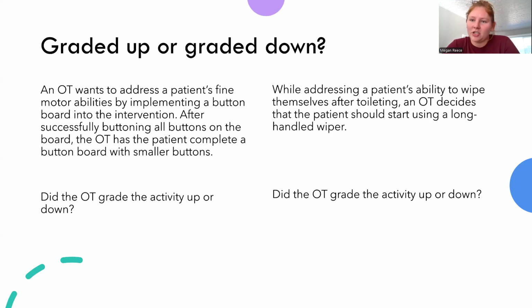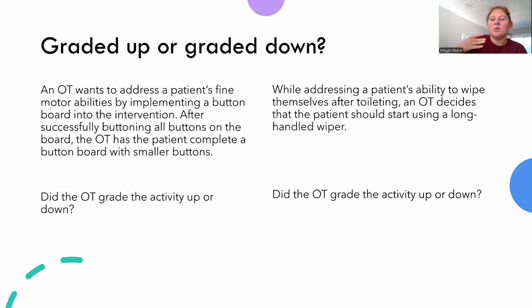Next, while addressing a patient's ability to wipe themselves after toileting, an OT decides that the patient should start using a long-handled wiper. Is this graded up or graded down? Okay, yep, most of you are putting graded down, and that is graded down.